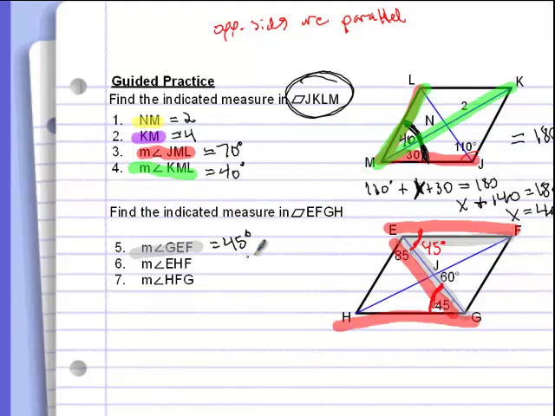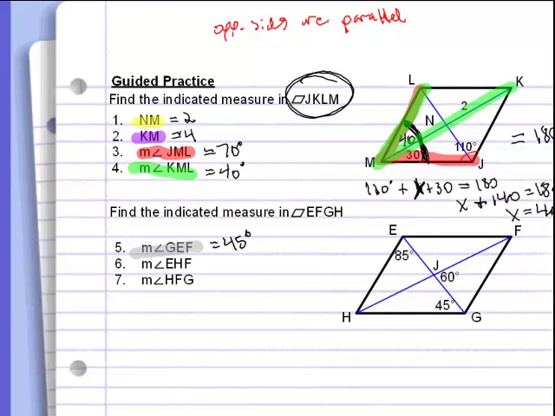Hopefully that makes sense. We used alternate interior angles, knowing they were congruent. We identified that GEF was congruent to EGH, so that if one is 45, the other has to be 45. Remember, you can always pause this video, go a little bit slower, stop it, rewind it, do whatever you need.